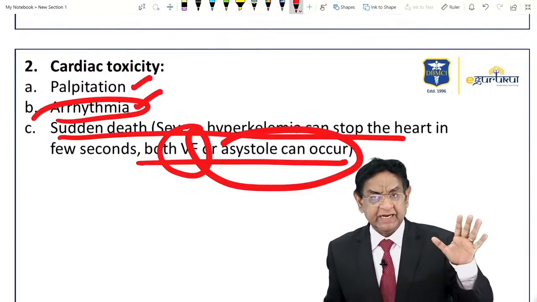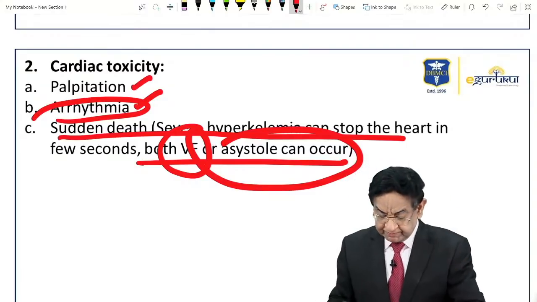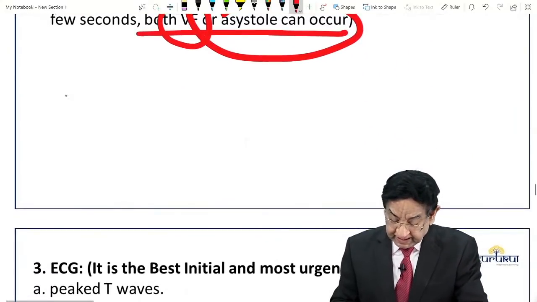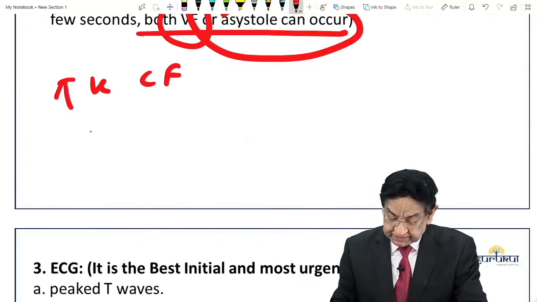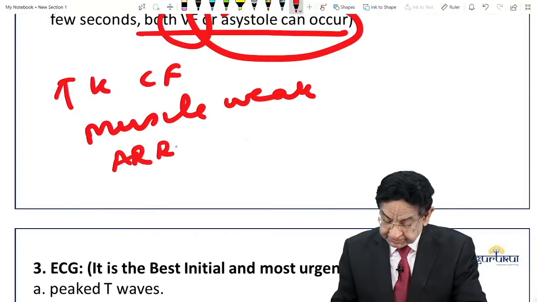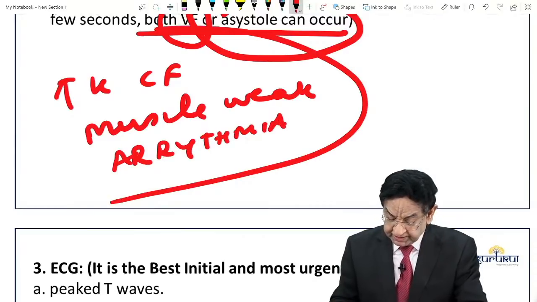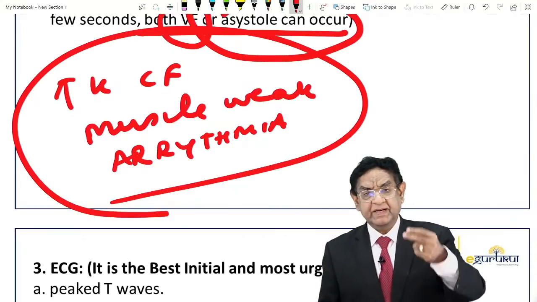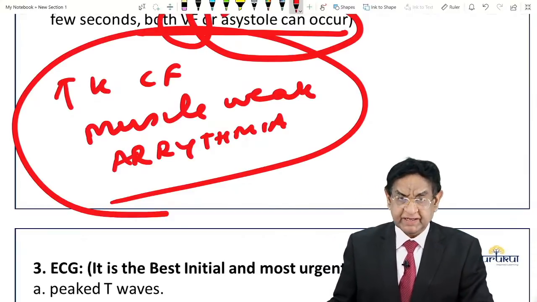So in a nutshell, if I have to give you a summary of hyperkalemia, the clinical features in 2 words are muscle weakness and arrhythmias. This is a summary of the entire hyperkalemia in 2 words only, muscle weakness or arrhythmia.